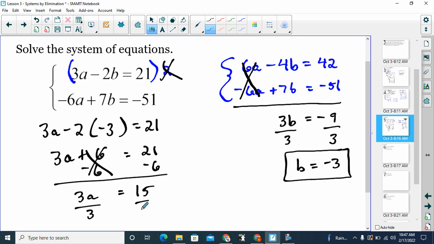Divide both sides by 3, and I get a equals 5. A equals 5, b equals negative 3.